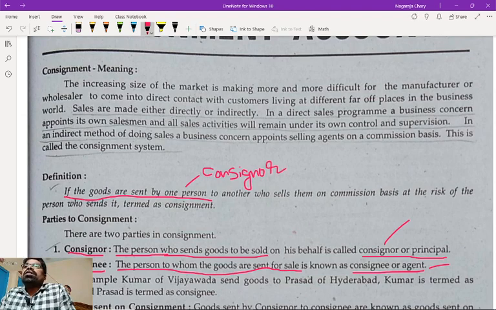If the goods are sent by one person to another person who sells them, that other person, in the other area, is known as the consignee.